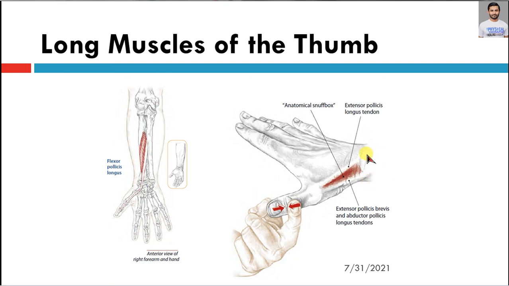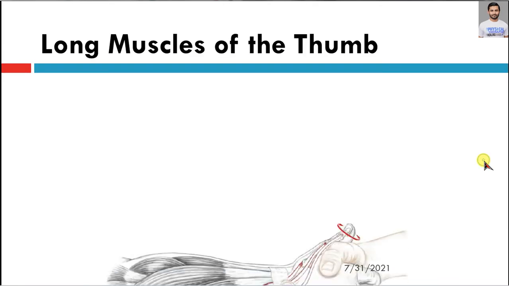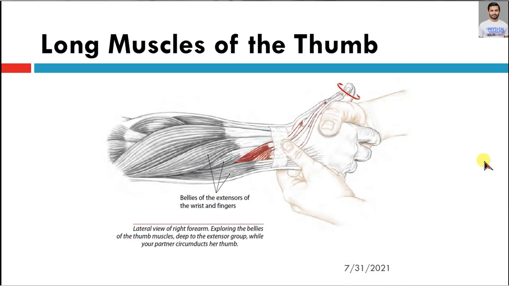You can make this area more visible by resisting the thumb's extension. If you want to palpate the bellies of these muscles, you can ask your partner to make circles with the thumb, clockwise or counterclockwise, and just proximal to the extensor retinaculum, you can find the bellies of these muscles.